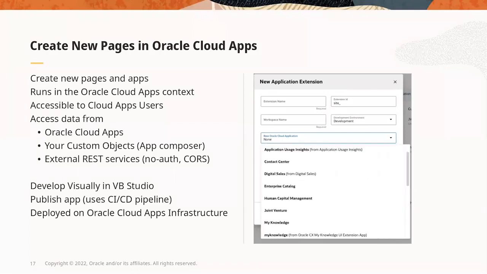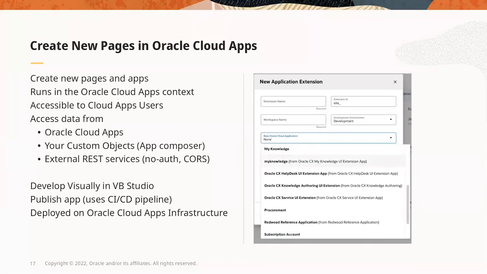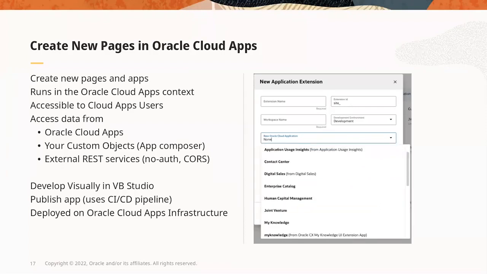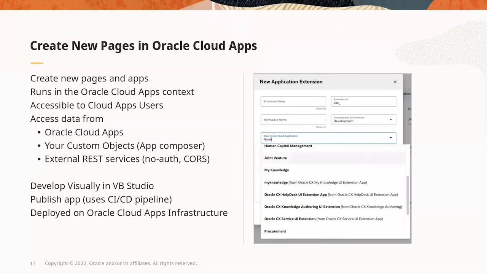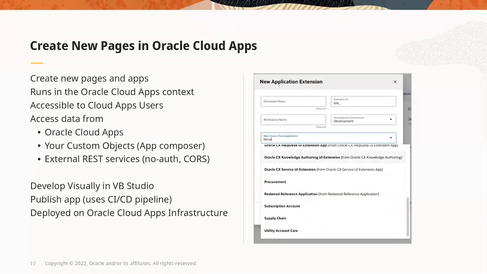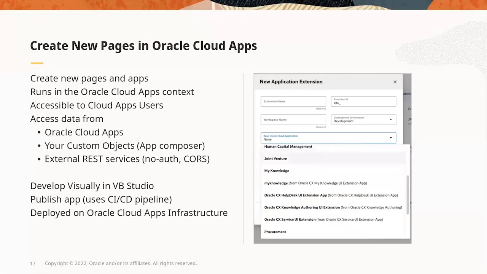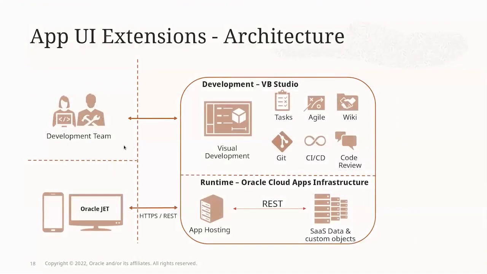Once I deploy this extension, it would be deployed right into Oracle SaaS, and it would show up in the Oracle SaaS menu using the same authentication and permissions that the rest of the Oracle SaaS apps use. And just like with the page change, a CI/CD pipeline would be automatically created when you create the workspace using a Git repository. So this is the second version of the architecture.